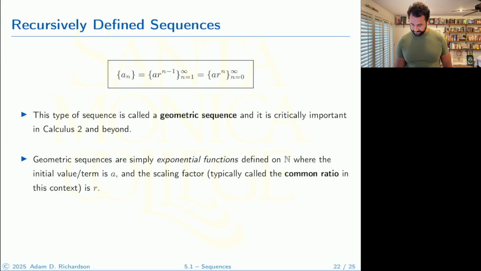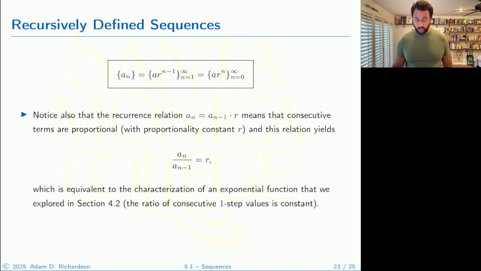Since I'm mentioning the common ratio, there's a recurrence relationship here, right? This was a recursively defined sequence. And what does this relationship mean? In other words, it means that consecutive terms are proportional to each other, and the constant of proportionality is r.